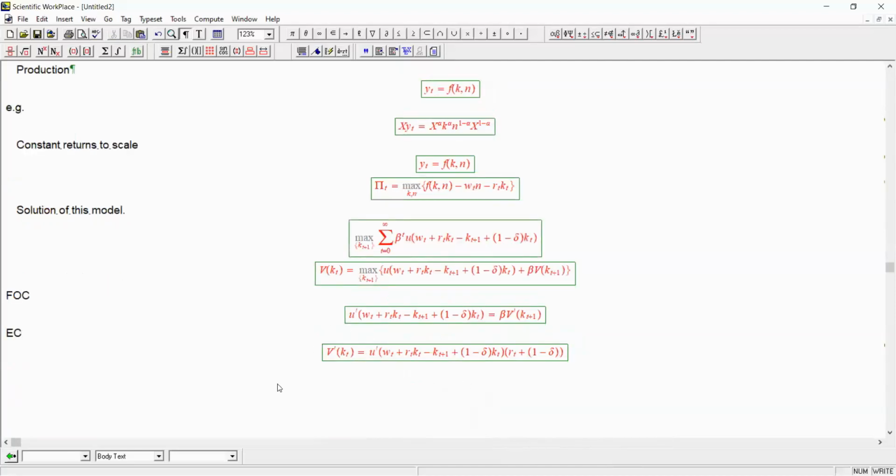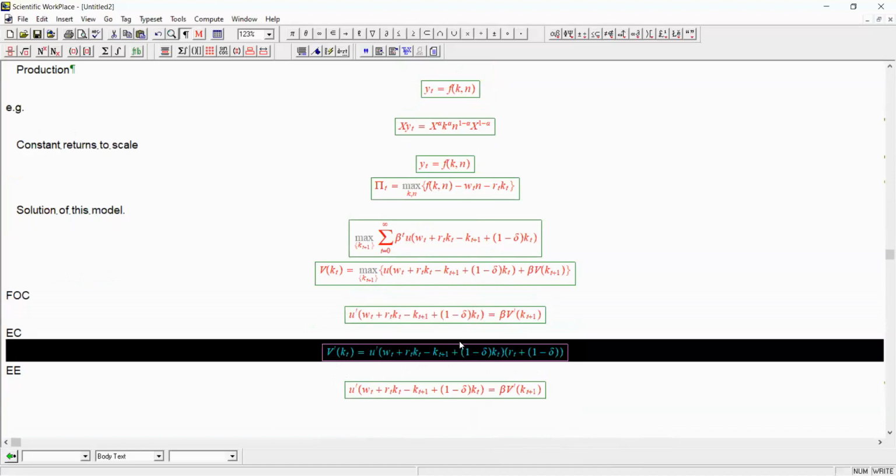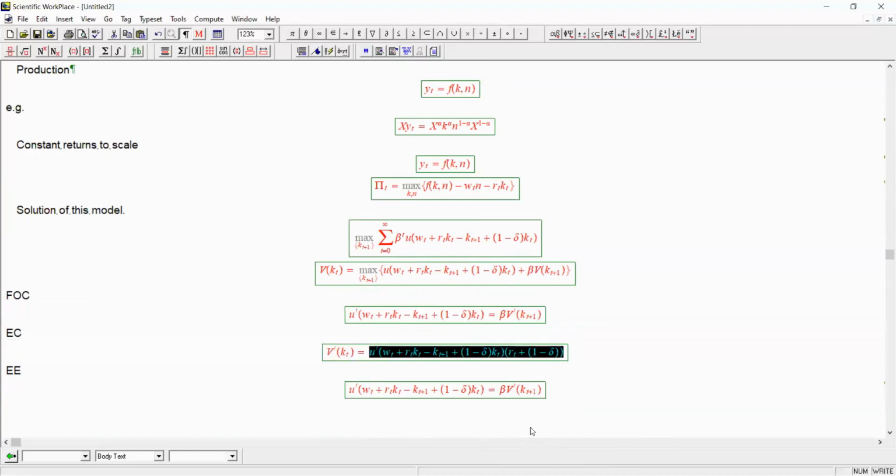Now, finally, the Euler equation requires that we put these two conditions together. And so we'll get this. We have to replace this here. And we have to then be careful that anything that's t before is now t plus 1.